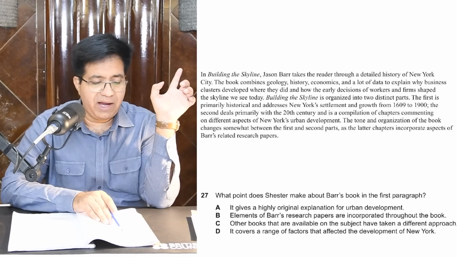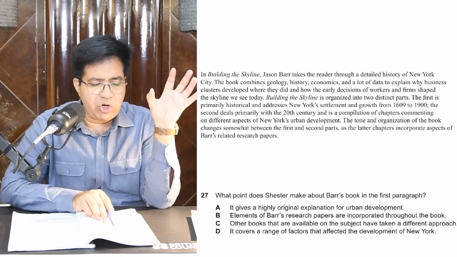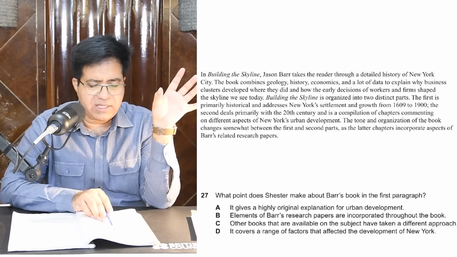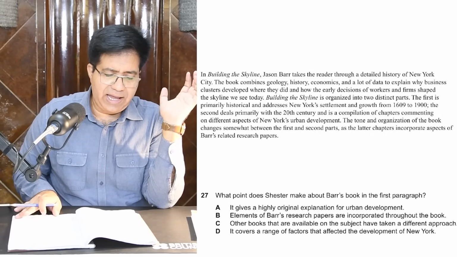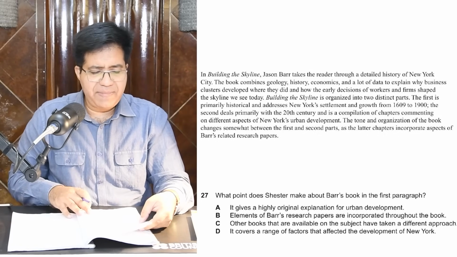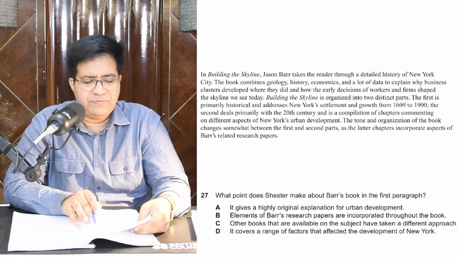Now keep this in mind. The first thing is the book combines geology, history, economics, right? And then how and why, business and all that. Now please come back. What point does Chester make about Barr's book in the first paragraph?